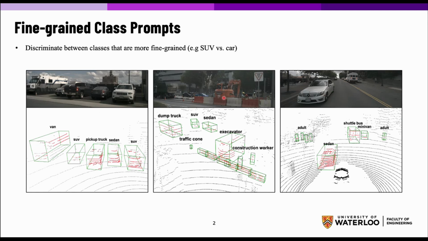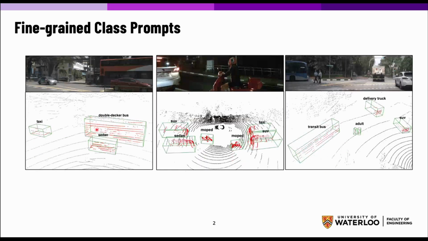In this case, we're also able to tell that this is not just any construction vehicle, it's an excavator, as well as the people working, because they have helmets and they're working in a construction zone. We can call them construction workers. And here are some more examples. Previously, we would have called this just a bus, as well as over here, but now we can discriminate them and say, yes, this is a double-decker bus and this is a transit bus.